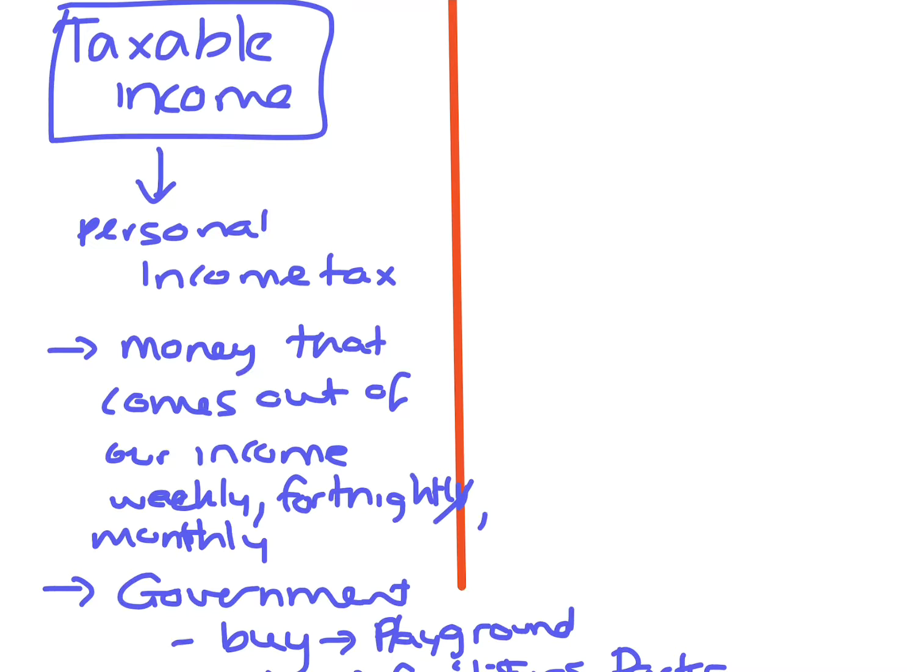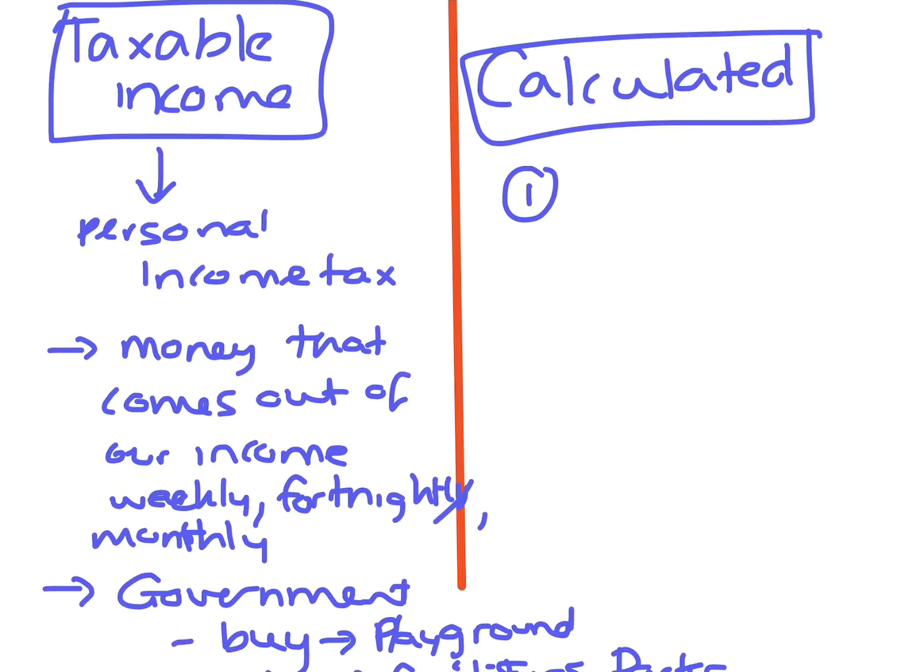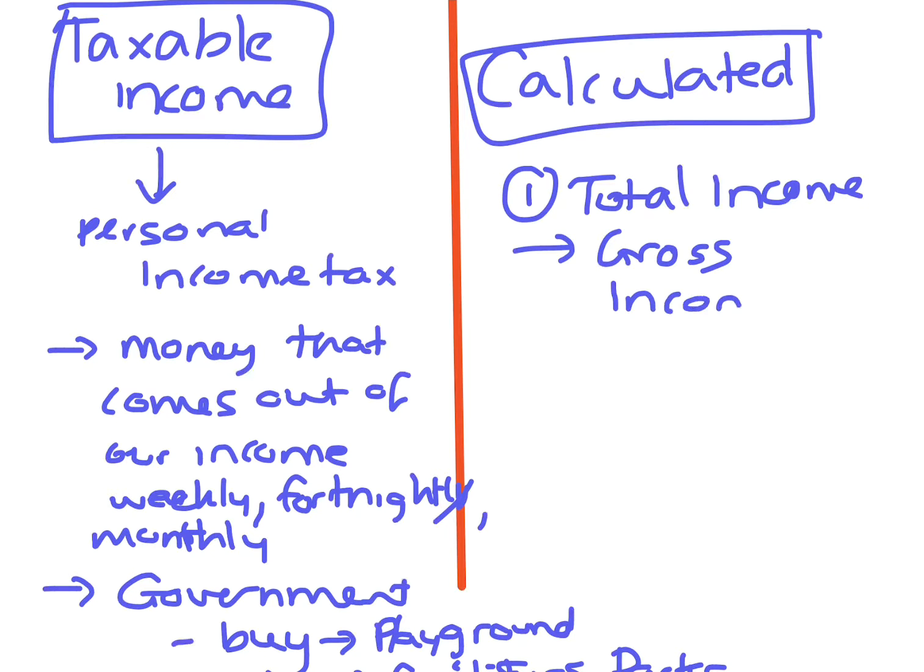How your tax is actually calculated, that's what we're interested in here. So the first thing when you're calculating your tax, you have to work out your total income. Your total income is called your gross income, and your gross income is the total income that you have made for a financial year.